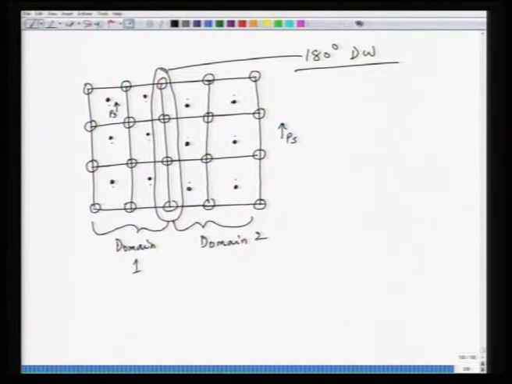So, you can see that there is no change in the crystal structure, there is no change in the symmetry at the domain wall. It is just that across the domain wall the orientation of polarization has changed.